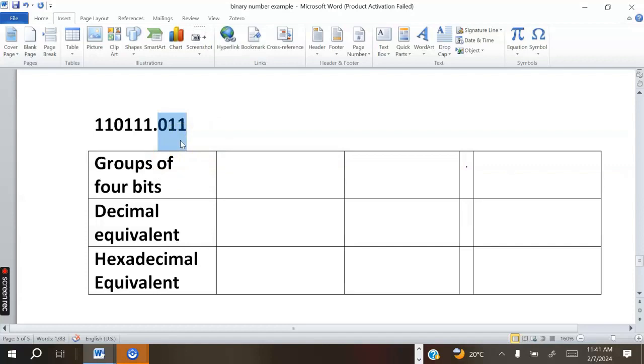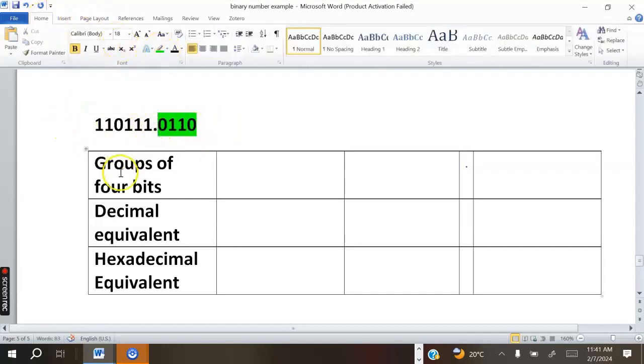Whenever you're dealing with the fractional part, if the bits are less than 4, you're supposed to add the number of bits that will make your group total 4. So for this one, we need to add a 0. The rule is you add to the right when you're dealing with the fractional part. So this is a group of 4.